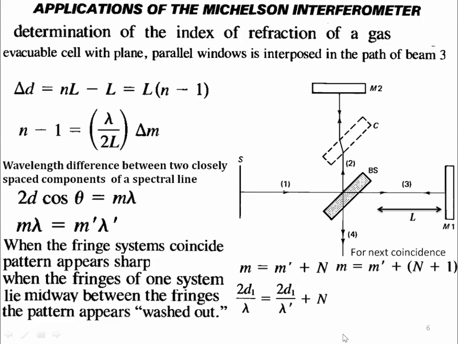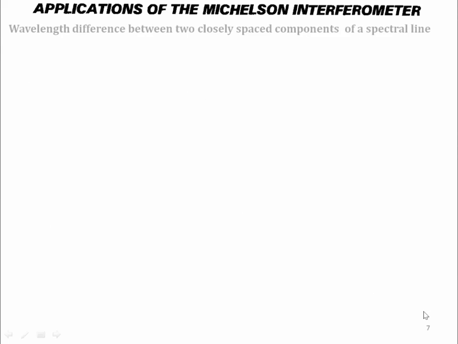That is why this integer increases merely by 1. If we substitute the values of m and m dash now, and suppose the distance where the next coincidence happens is d2, then 2 d2 over lambda is equal to 2 d2 over lambda dash plus n plus 1, right?